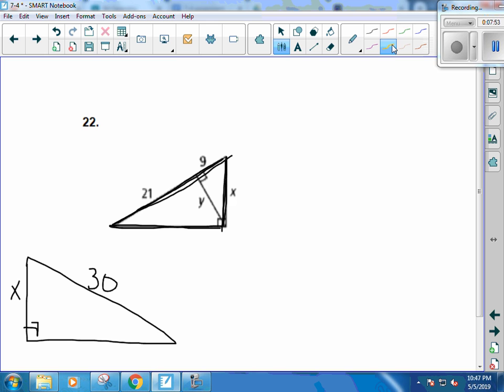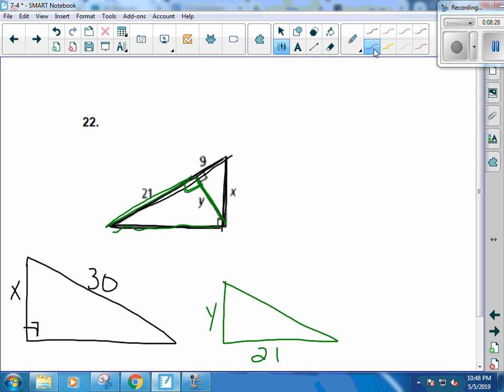Okay, medium triangle. We're going to do a short side and the long side. Okay, the short side is that one that's inside, so it's y. Here's my right angle, so that makes 21 the long, and the hypotenuse doesn't have anything, so I don't have to write anything about it.